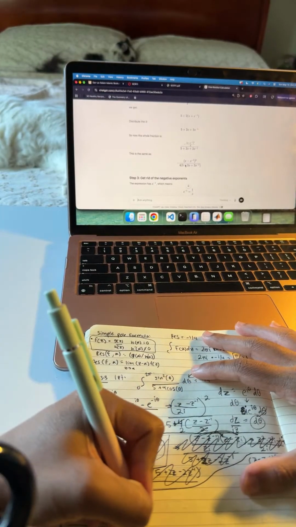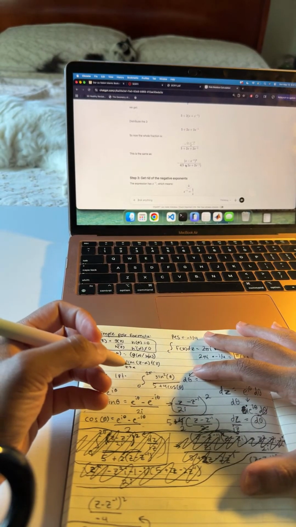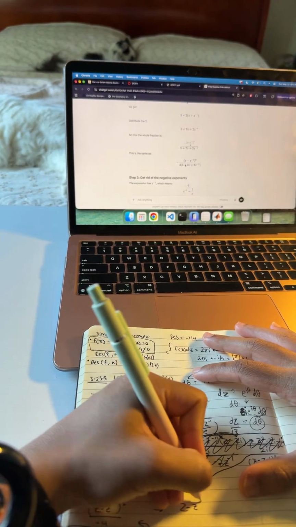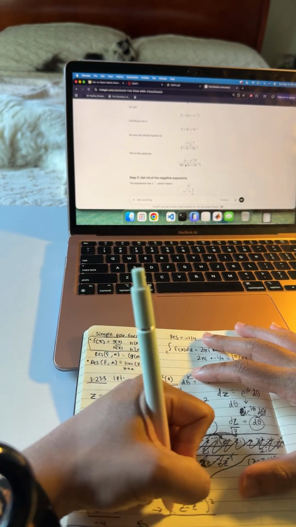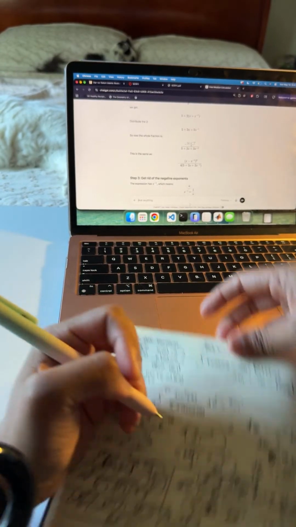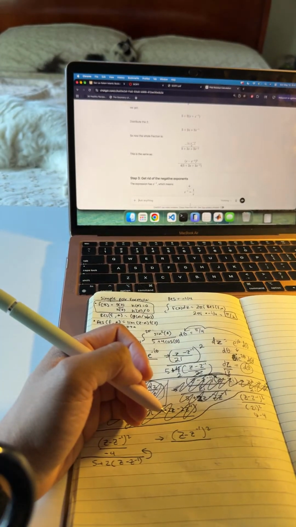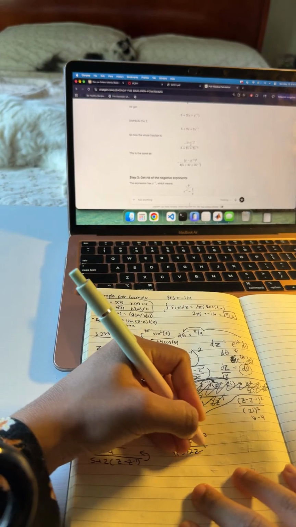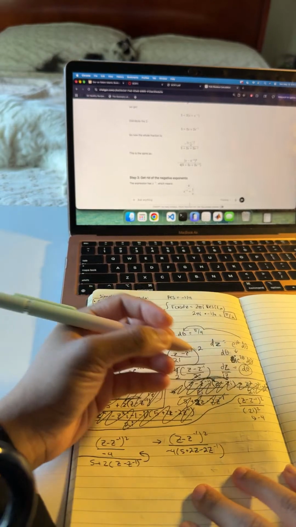It goes to the denominator right there. z minus z to the negative 1 squared, all over 5 plus 2z minus z to the negative 1. That's still just negative 4 times 5 plus 2z minus 2z to the negative 1.